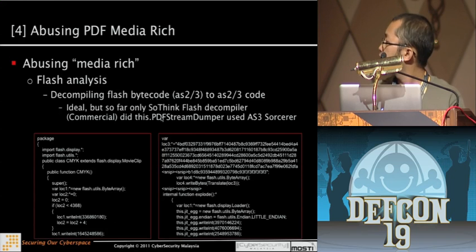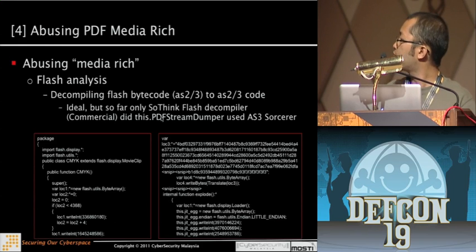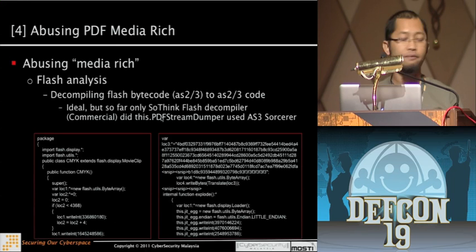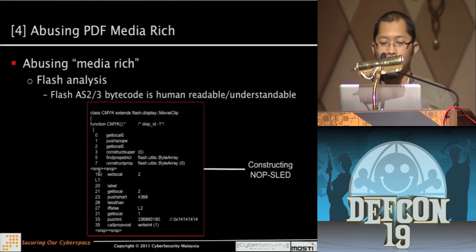Sothink SWF Decompiler has a decompiler for this one, and PDF Stream Dumper has another proprietary tool as well called AS3 Sorcerer. So this is pretty much what the decompiled code looks like in AS3. It's pretty much AS3 code here.